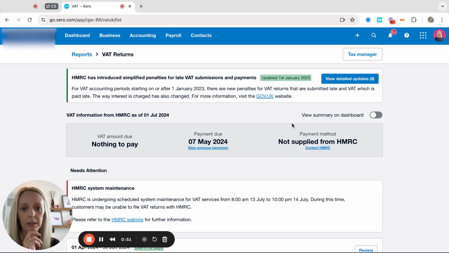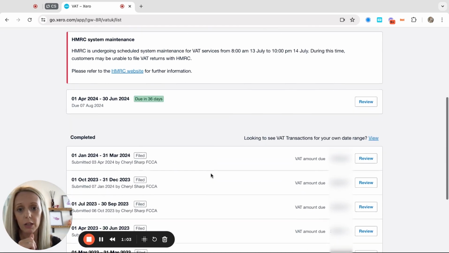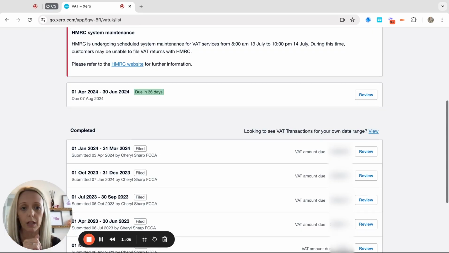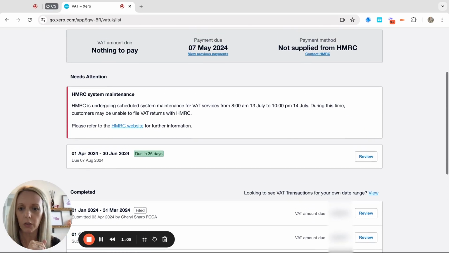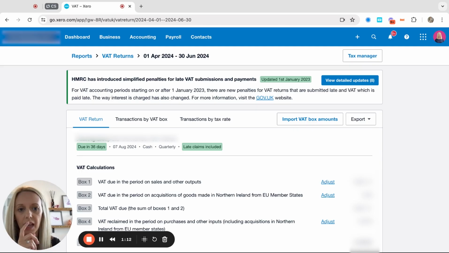You've got information about what HMRC hold for you, what's due, and any notices you need to deal with. Then you've got the VAT return that you need to do, as well as all the completed ones under MTD. So you just come into the one you need to do and click review. And then you will have the VAT return on here.